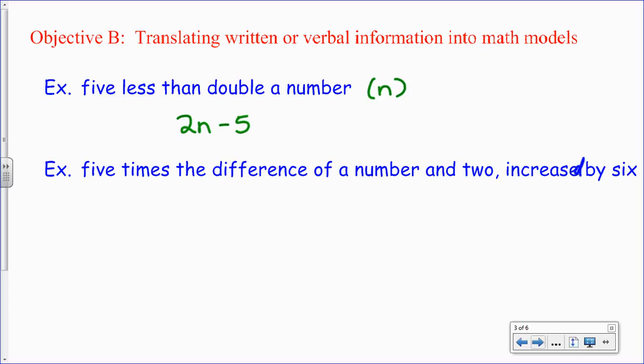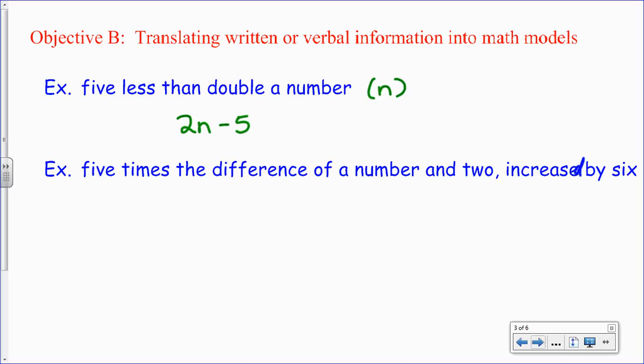Subtract 2. Five times the difference, that means subtraction. So you do 10 minus 2, and then what? Multiply by 5, and then what? Add 6. Okay, so I need to make sure that's what I'm doing.